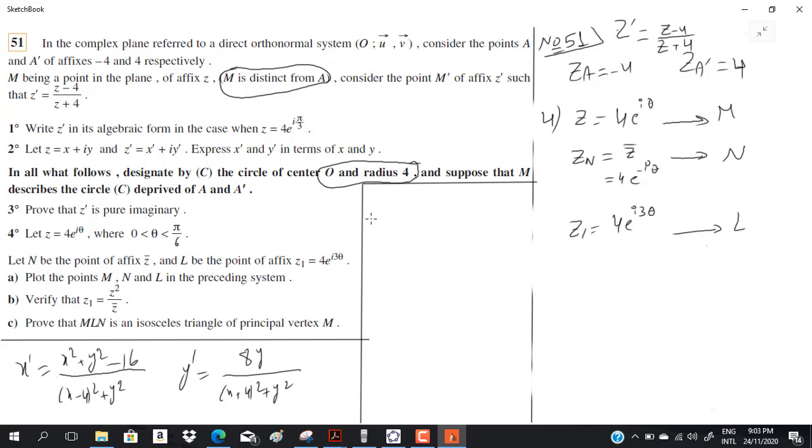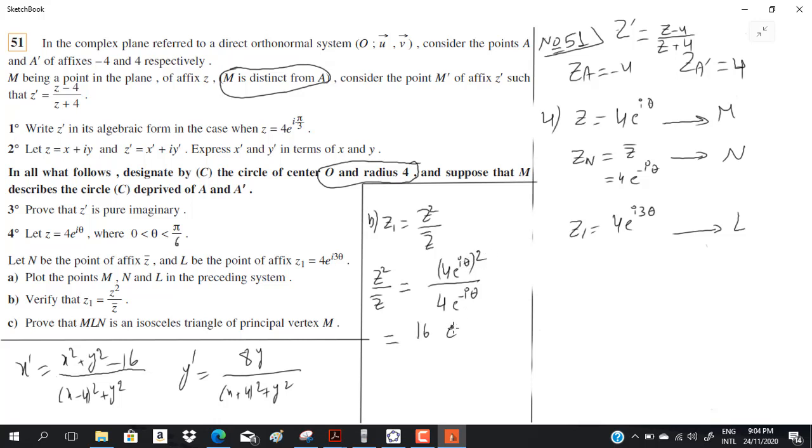Part B, verify that z1 equals z square over z bar. I simply have to calculate z square over z bar. Z square is 4 exponential of i theta, to the power 2, over z bar. It should be 4 exponential of minus i theta; same modulus, opposite arguments. Equal 4 to the power 2 is 16, exponential of i theta to the power 2.